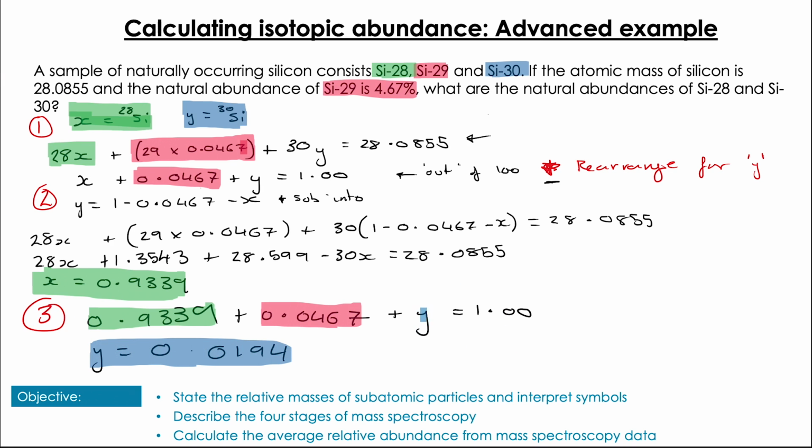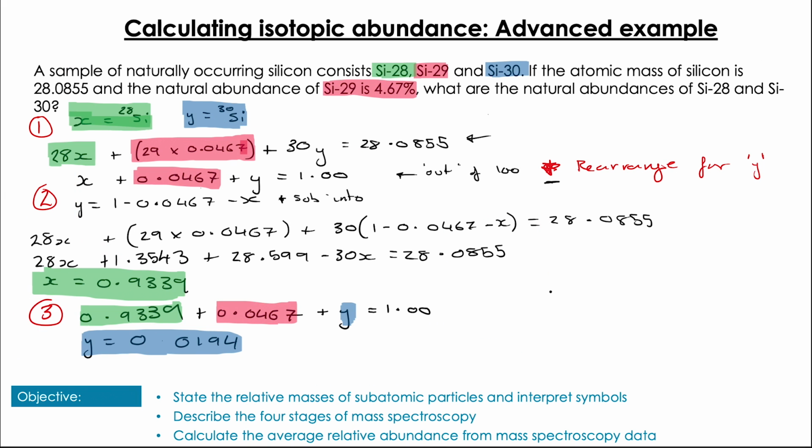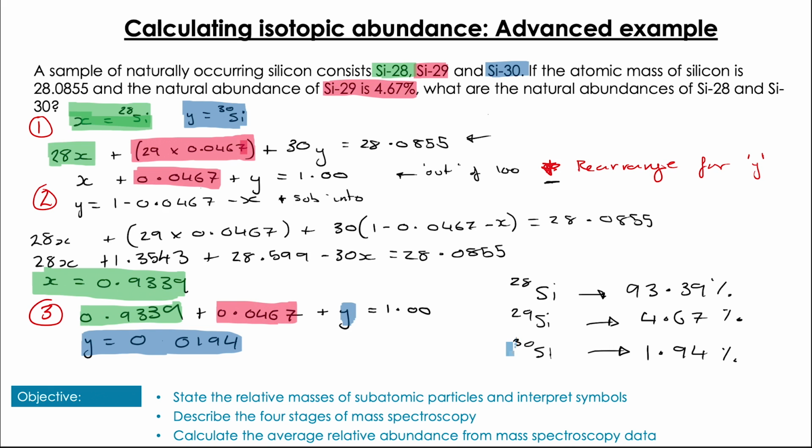So we found all of them now, so that means that we have silicon-28 having an overall percentage abundance of 93.39%, silicon-29, which was given in the question but still is 4.67%, and silicon-30 is 1.94%, which is handy because all of those together add up to 100%.